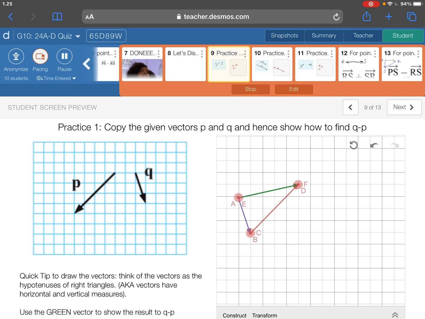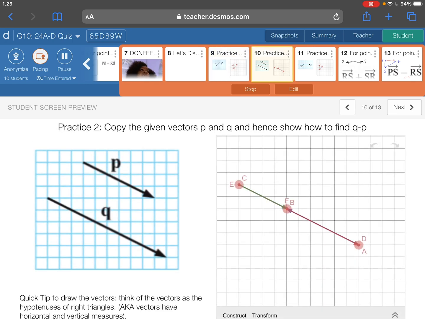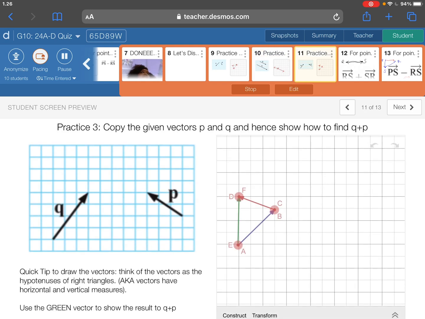In this case, the vertical magnitude is 1 unit, and the horizontal magnitude is 5, and it is pointing towards northeast, and this one is pointing to southeast. Okay. All right, so for this one, we just went back to Q plus P.